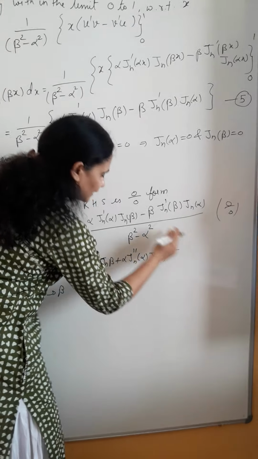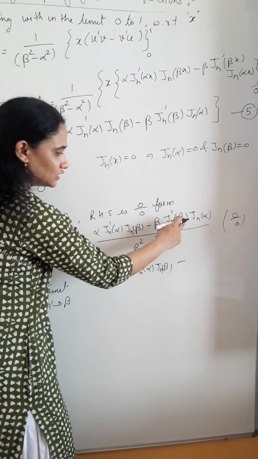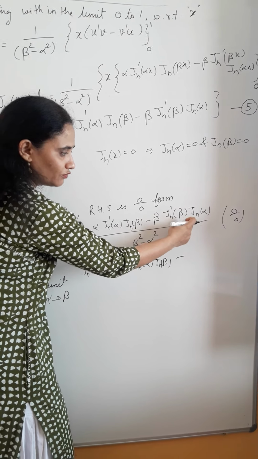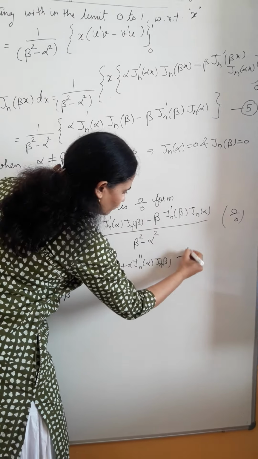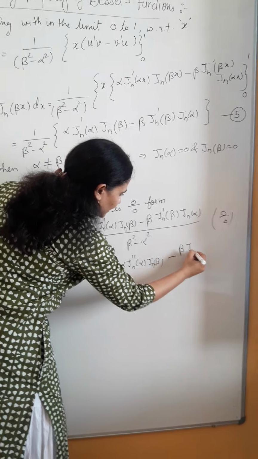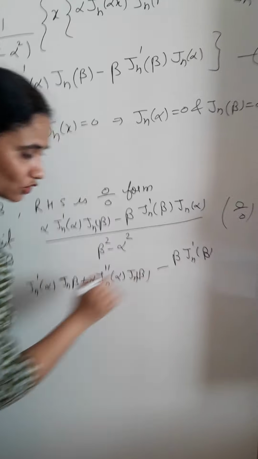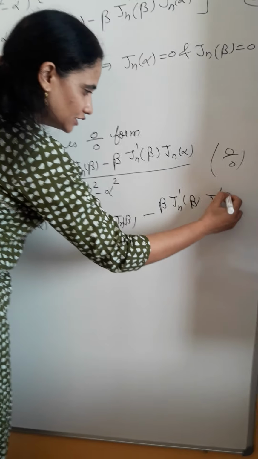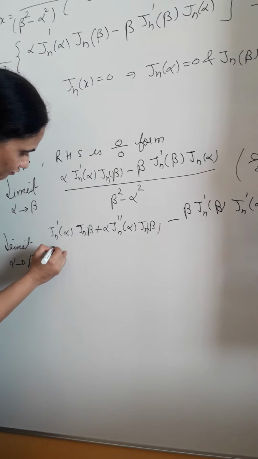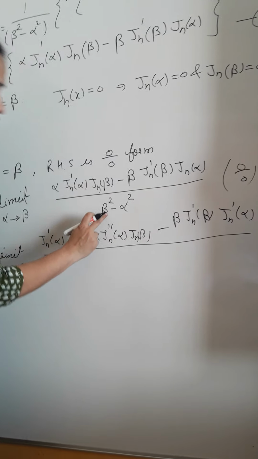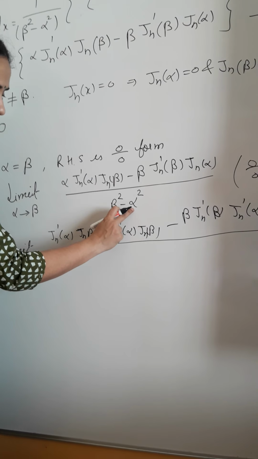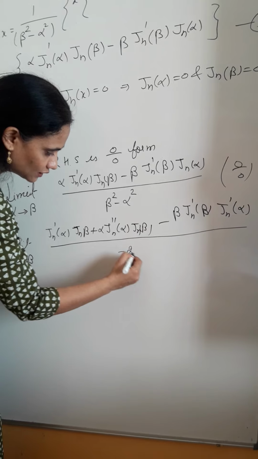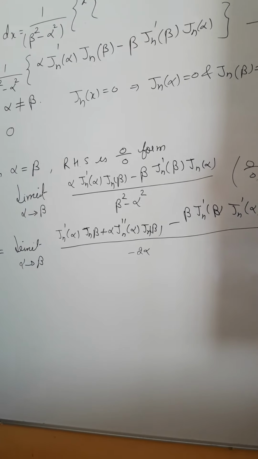Then in the second term, this is beta, this is beta. So both are constant. We have to differentiate only one term. So what are we getting? Beta Jn dash beta. This is the constant term. And differentiation of Jn alpha would be Jn dash alpha. Divided by differentiation of beta square is 0 and differentiation of minus alpha square is minus 2 alpha.